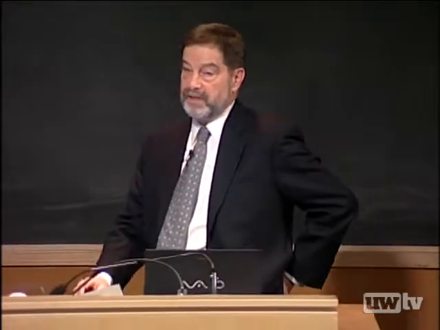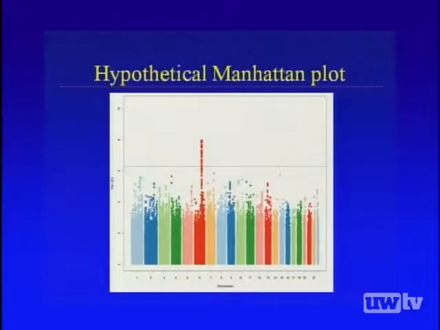Now, the other thing you'll see in these studies are Manhattan plots. Manhattan plots basically reflect the skyscrapers of Manhattan. And this is a hypothetical Manhattan plot. Just to orient you, these are the 22 autosomes. These are the p-values. This is the magic cut point. This is a series of SNPs associated with a single locus on chromosome 6.